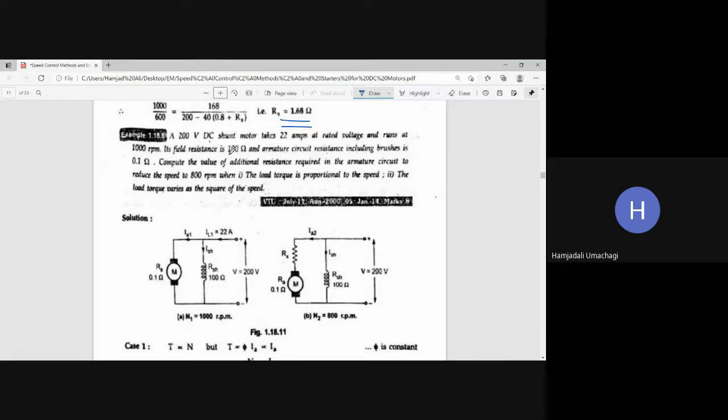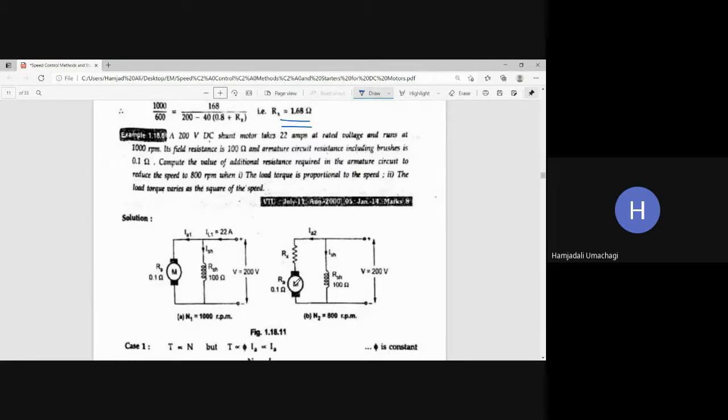Its field resistance RSH is 100 ohms, and armature circuit resistance including brushes is 0.1 ohm.